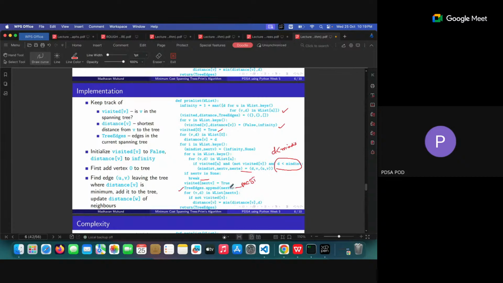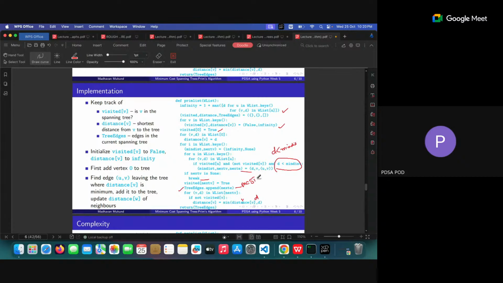So after adding each particular MCST edge, we are selecting the distance which is the minimum only, the minimum from the distance of this V vertex to D. Whichever vertex is having the minimum one, that is selected for the distance. So this is what they keep on updating.